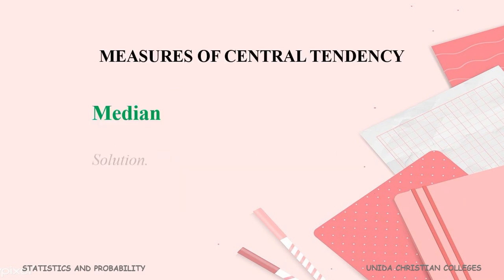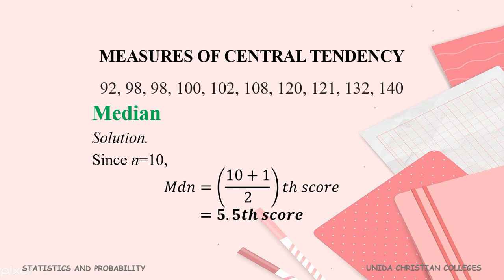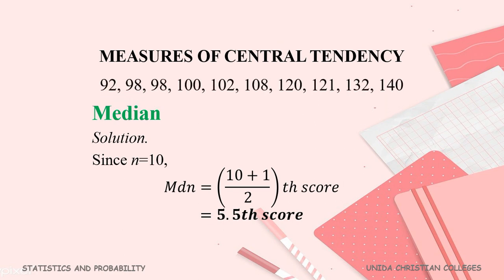So, therefore, ayan, we have here the formula. N is equals to 10. We need to add 1. So, 11 divided by 2, we have the 5.5 score. So, yung panglima daw, pang 5 and 5th score. So, nasa pagitan to ng 5 and 6 na score.